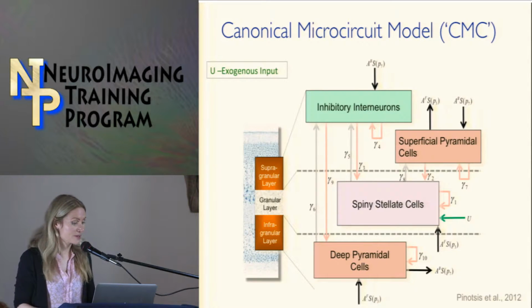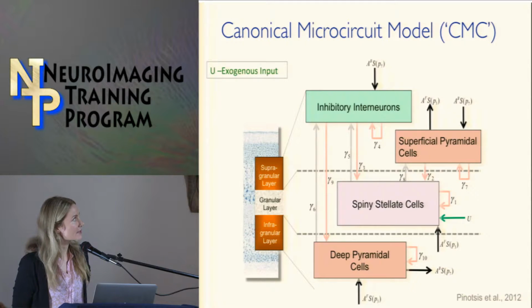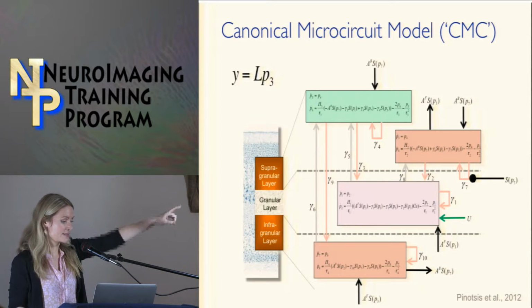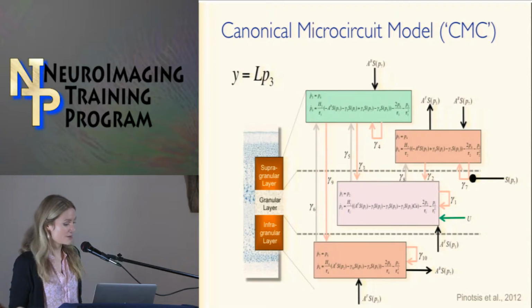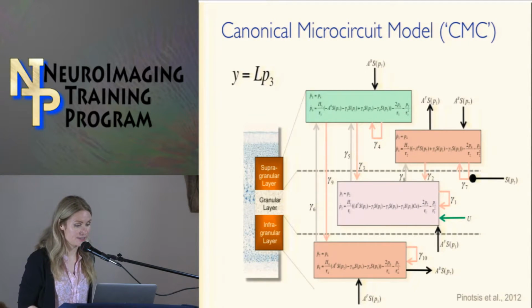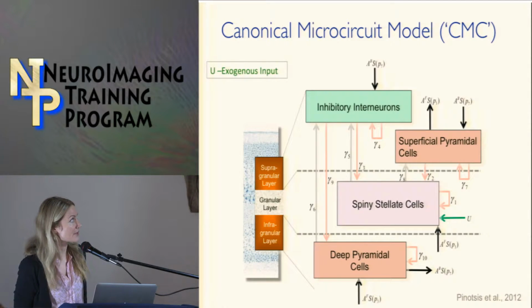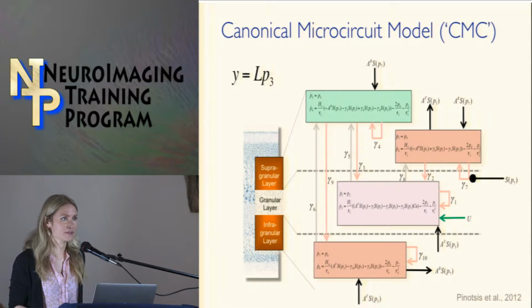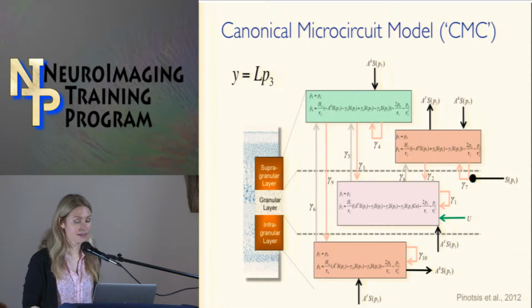The exogenous input comes in at the spiny stellate cell laminar layer. And then what we're measuring here is this parameter P3, which, as you can see, comes from the superficial pyramidal layer. And this L term here is the lead field, as I mentioned, from solving the EEG inverse problem.